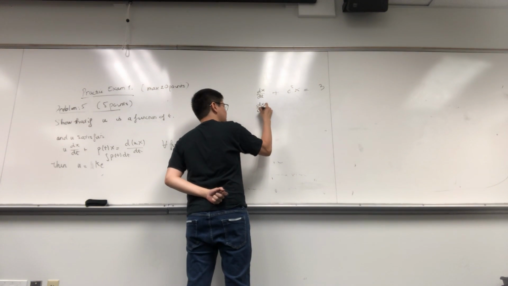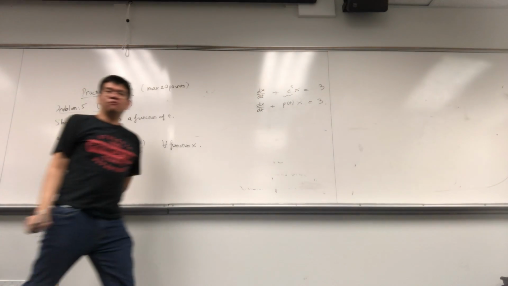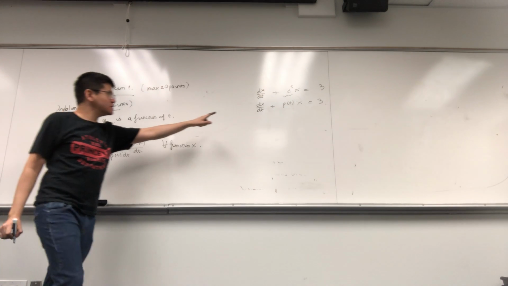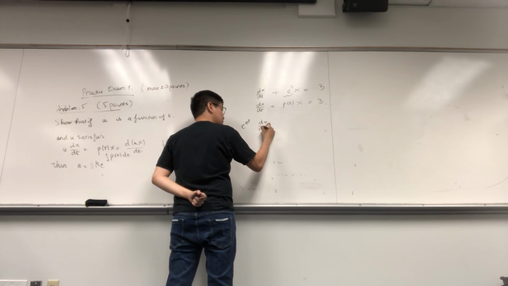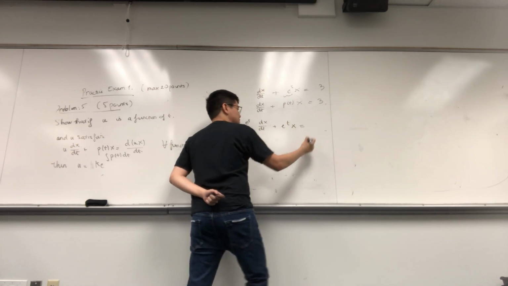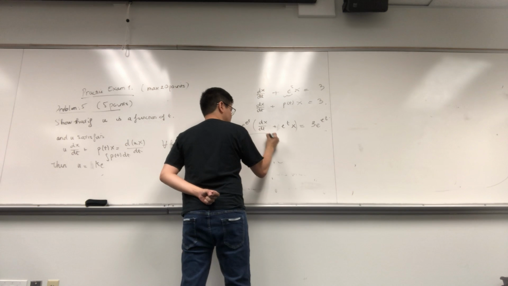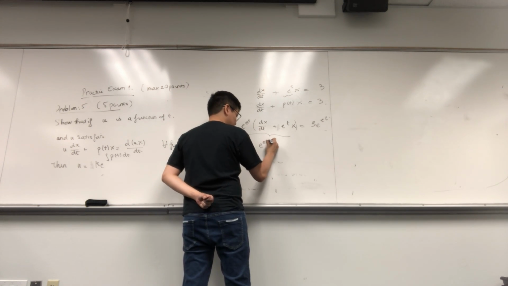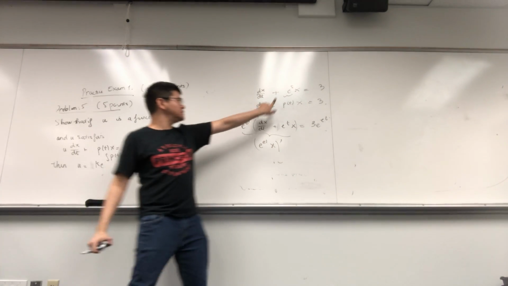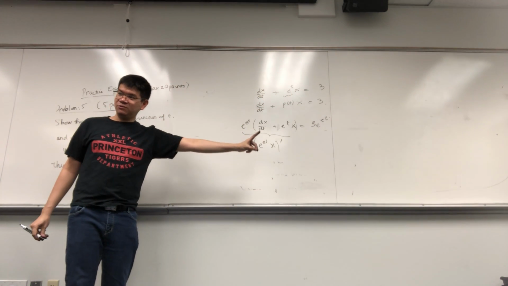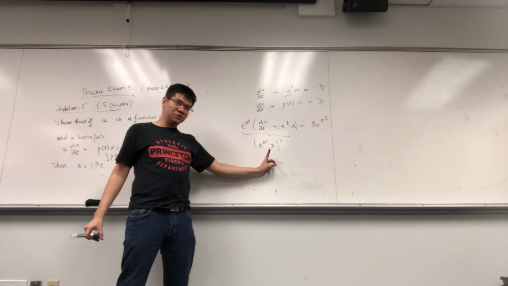What we did in the previous exercise was to multiply both sides with the integrating factor, e to the t, and we change the left side into (e to the t x) prime, so that the left-hand side becomes a derivative.